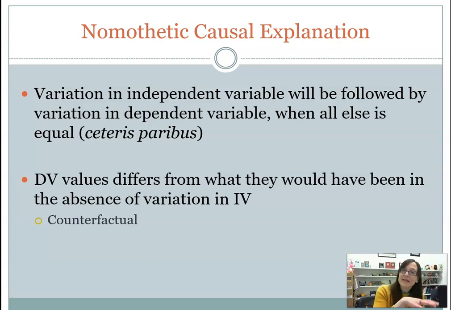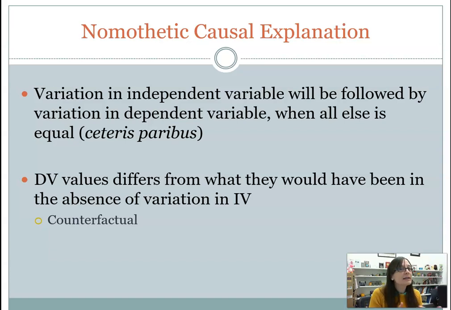But basically, if there's a variable that we think causes that thing to happen, so the more political unrest in an area, the more likely you're going to have riots. Well, then the counterfactual would be that these riots would not have happened had the political unrest not been there. If we're saying that political unrest causes riots to happen, then in the absence of that political unrest, the riots would not have happened.